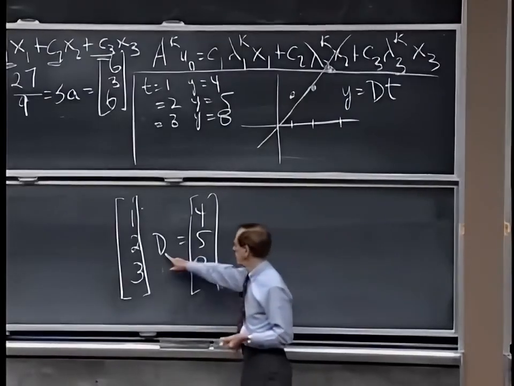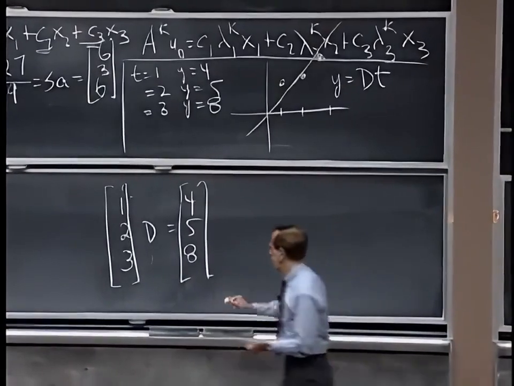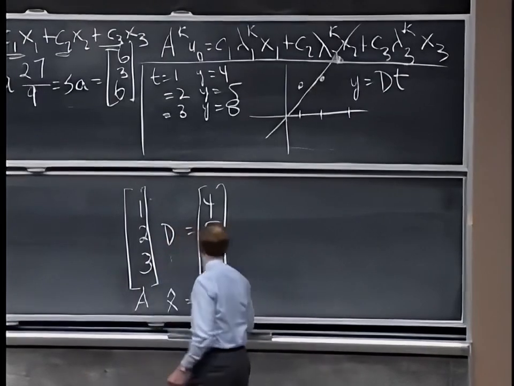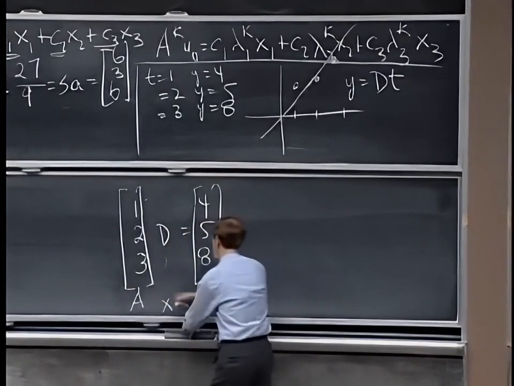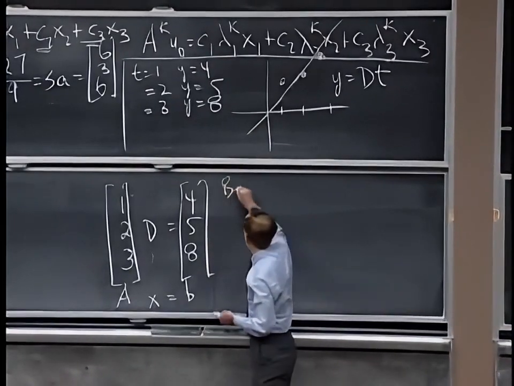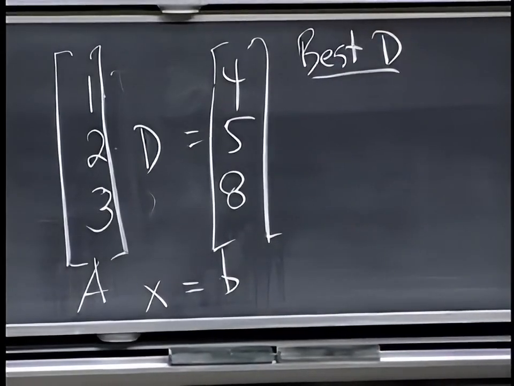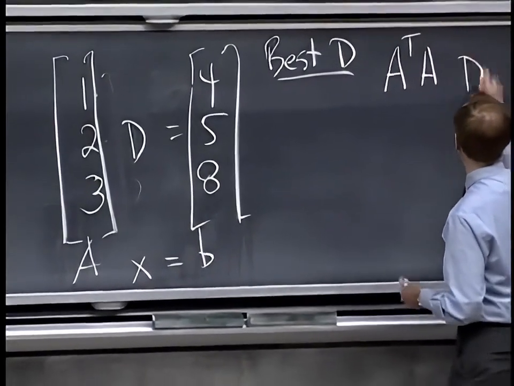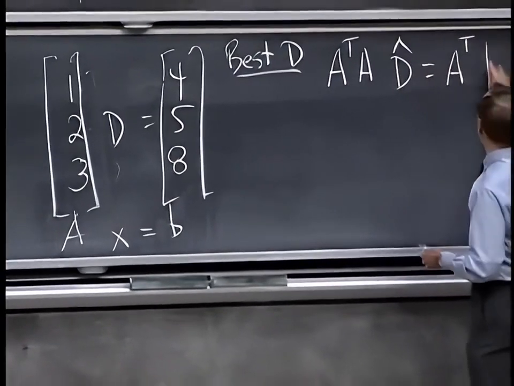The best x will come from, so what's the key equation? So here, this is the A x hat equal b equation. Well, Ax equal b. And what's the equation for x hat? The best d. So to find the best d, the best x, the equation is A transpose A, the best d, is A transpose times the right-hand side.